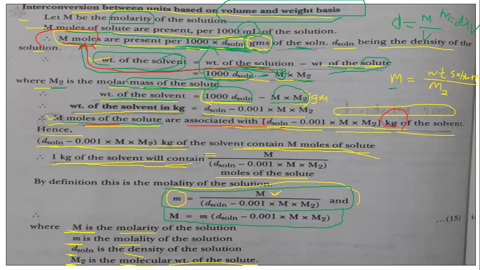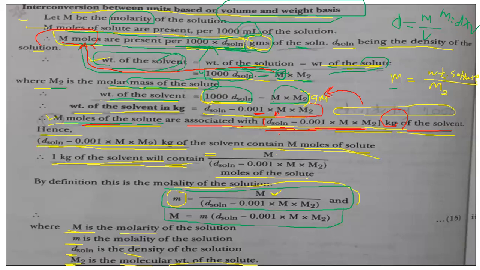How can you convert the above equation into kg? You have to divide the above equation by 1000. If you divide that by 1000, you will get this one. Right? Now this will become in kg. Divide this equation by 1000.